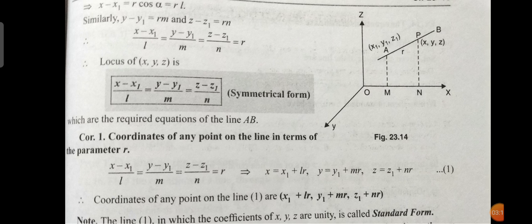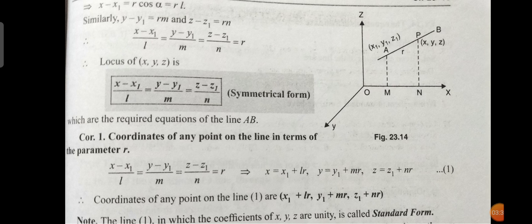Now some corollaries, which means some cases. If the line passes through the point, the coordinates on the line in terms of a parameter, r is a parameter. If the symmetrical form is equal to some r, then what will you get? We equate that first equation to r.